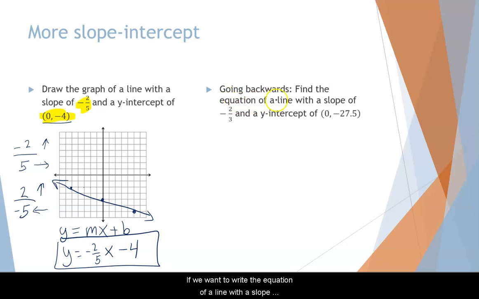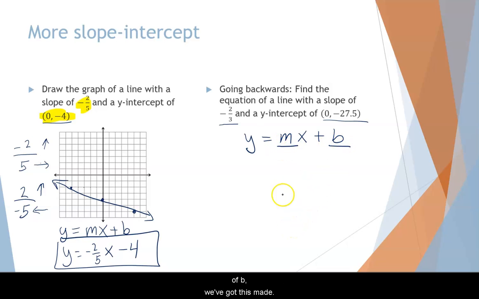If we want to write the equation of a line with a slope of -2/3 and a y-intercept of (0, -27.5), we know from y = mx + b, if we can find the value of m and the value of b, we've got this made.